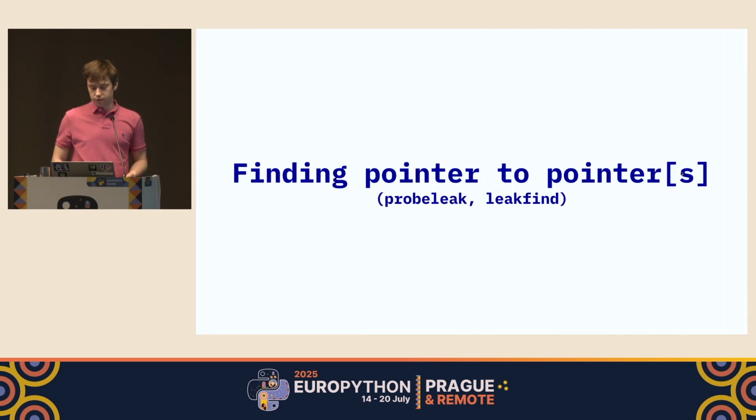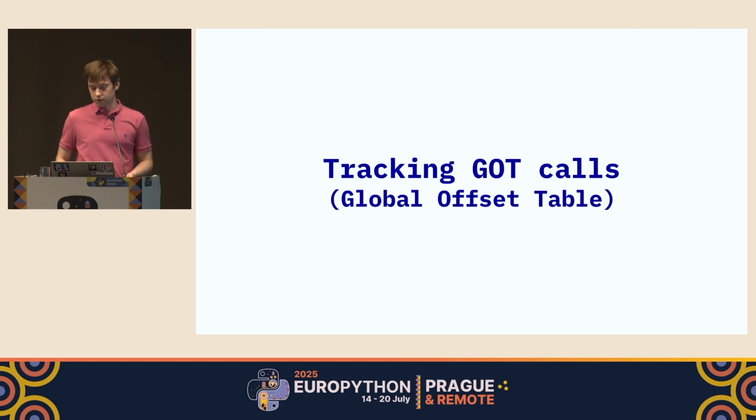There are also features for finding pointers to pointers, because when you are developing an exploit, you may actually have some write to memory, but you want to find some interesting pointers, for example. So there are features for that as well. There is something to track GOT calls, the global offset table.